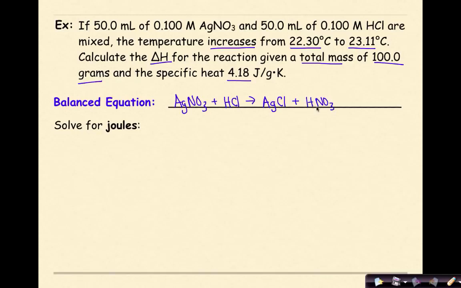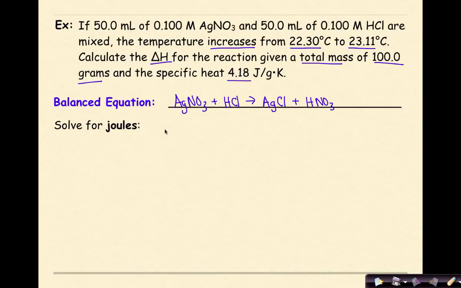And I know some of you might look at that and say to yourself, well, that's nitric acid, that's going to be fully ionized. But right now I'm just working on a very simple double replacement reaction and looking this over and making sure that it is all balanced, which it is. So I can at least look at the mole ratio between the reactants and the products, and I can see that this is balanced. The next thing that I want to do is solve for joules.